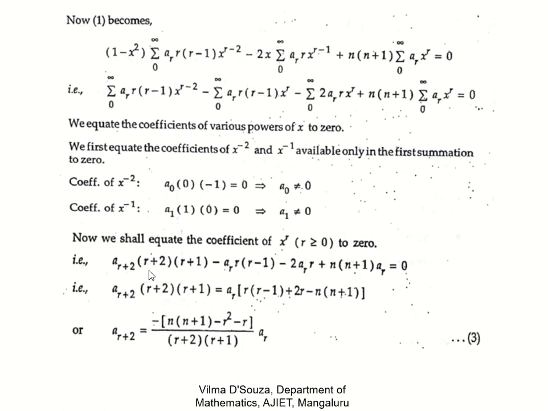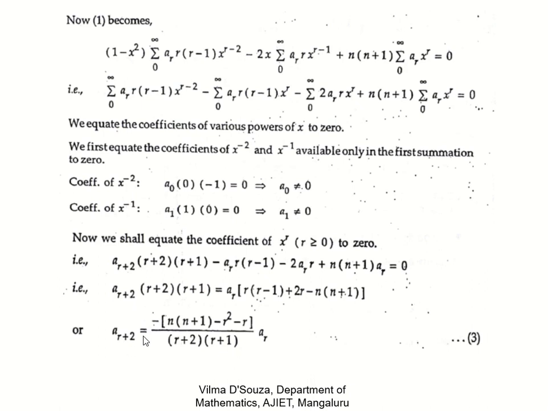So leaving the first term, shift all other terms to the right hand side. So a(r+2) into (r+2) into (r+1) is equal to, shift all terms to the other side, take a_r out. When you take a_r out, the remaining term is r into (r minus 1), here 2r, and here minus n into (n plus 1). Okay, find a(r+2).